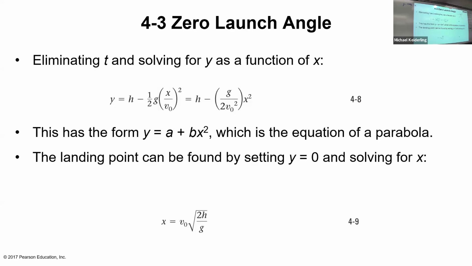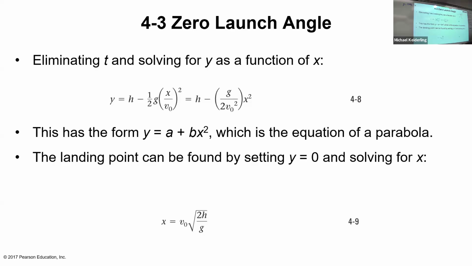And the initial velocity v naught x is just v naught because the initial velocity is horizontal. So shuffling some terms around, we get y equals height minus g over 2 v naught squared times x squared.